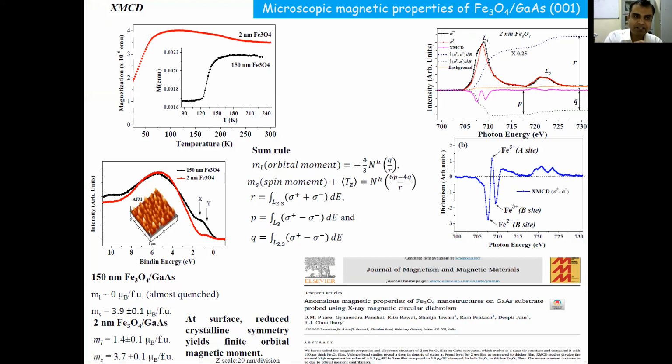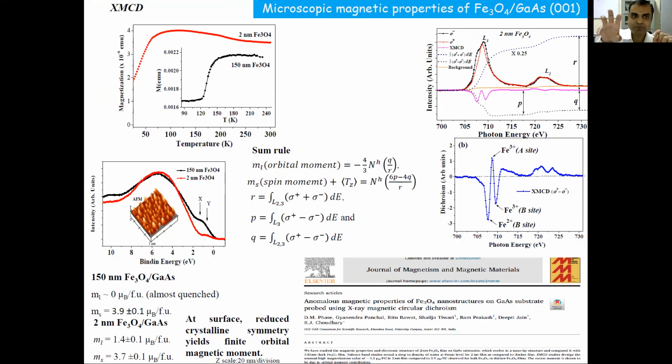At the octahedral site, we have equal contributions of Fe2 plus and Fe3 plus, and they align parallel to each other. Whereas the tetrahedral site is occupied by Fe3 plus, and the tetrahedral site interacts antiferromagnetically with respect to the octahedral site. So the Fe3 plus at tetra and Fe3 plus at octa completely cancel each other.